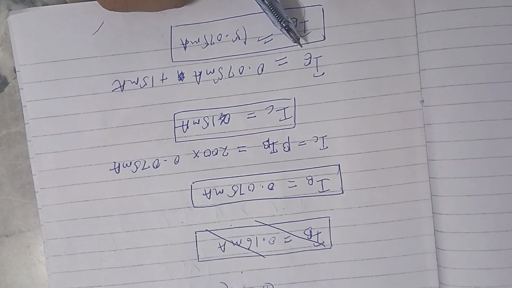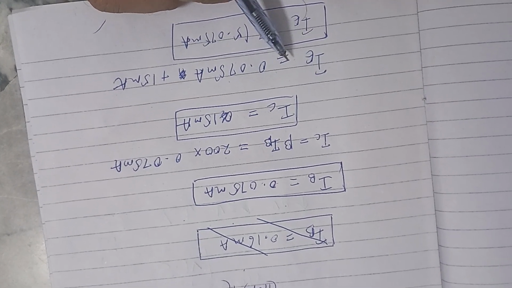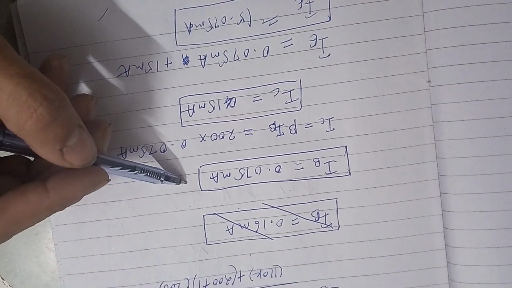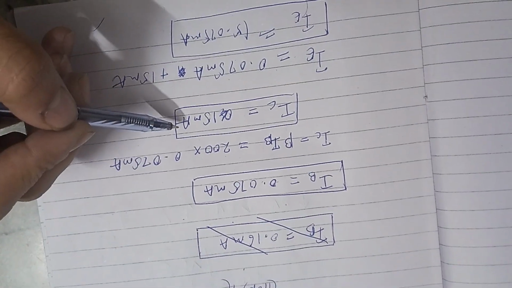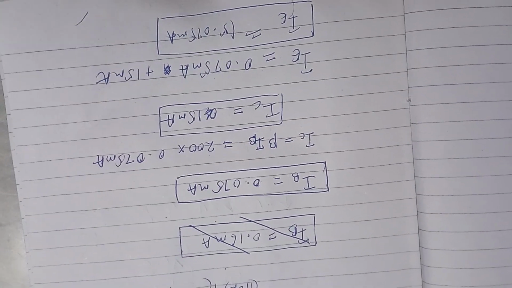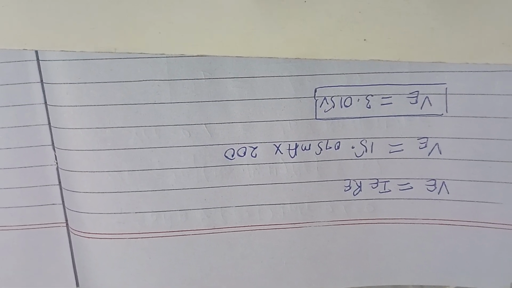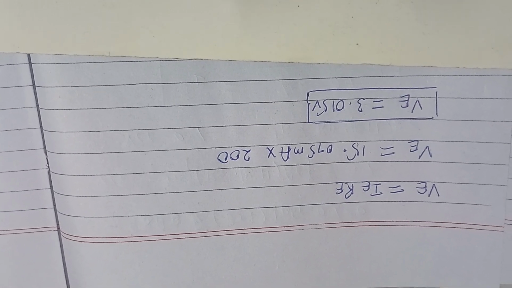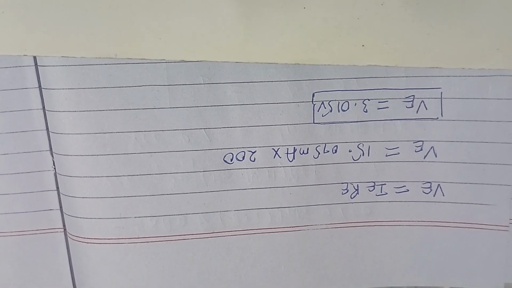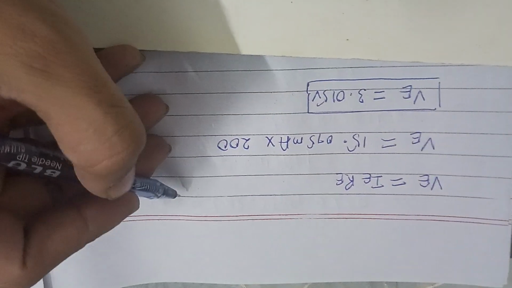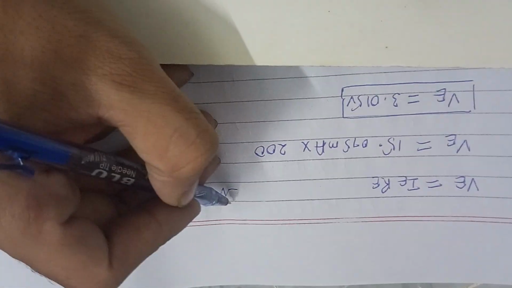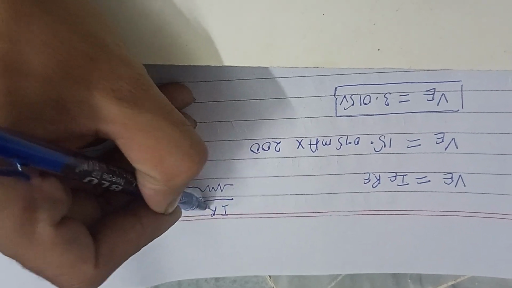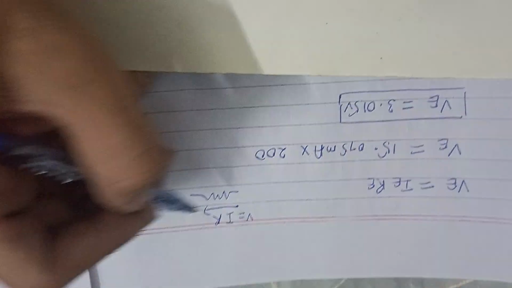IE is the summation of base current and collector current, so we add these two currents and get IE. From basic Ohm's law, the voltage drop across a resistor is the current through it times its resistance.